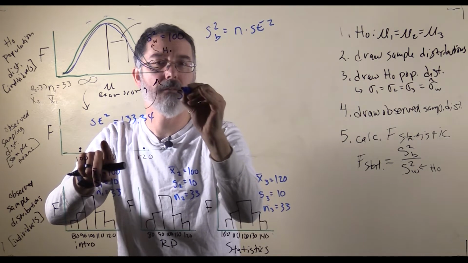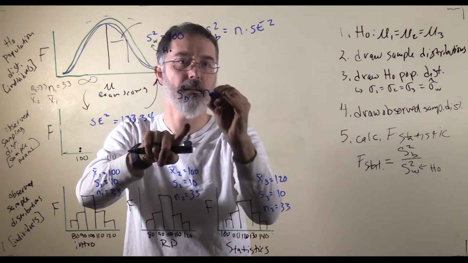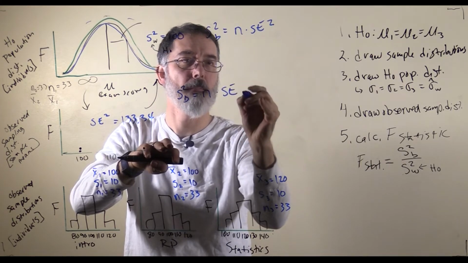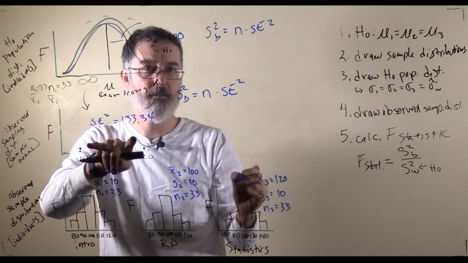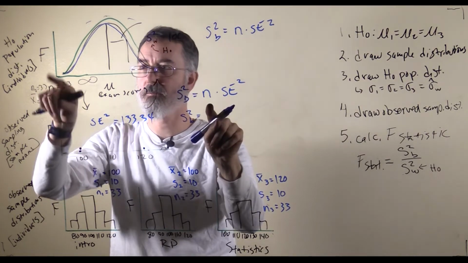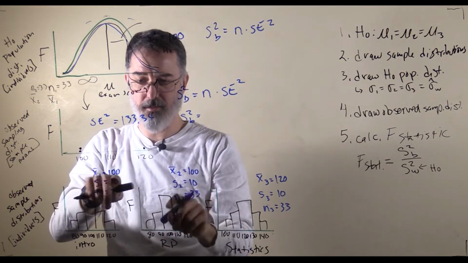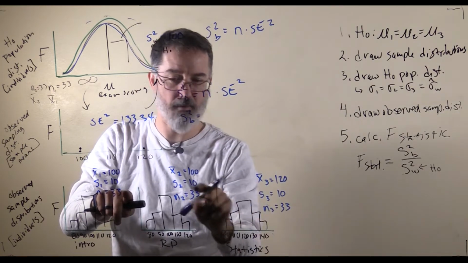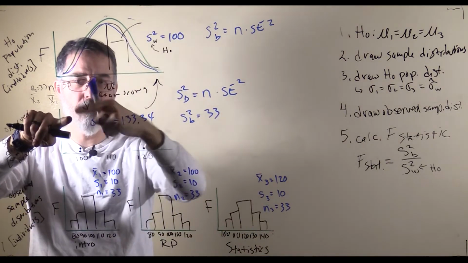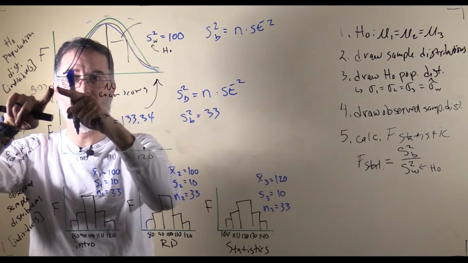So the variance between is going to be our sample size that we used to produce our sampling distribution, multiplied by the variance of that sampling distribution. So S squared B. So our sample size that we used to create our sampling distribution here is the sample size that's the same for all of our samples, 33. Remember, that's how we produce our sampling distribution, is all those samples have the same sample size.